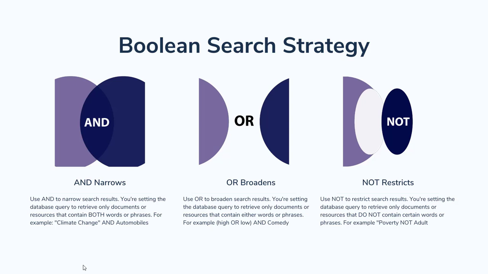OR broadens search results by setting the database to retrieve sources that contain either word or phrase, like high or low comedy. NOT restricts search results by setting the database to retrieve sources that do not contain specific words or phrases, like child poverty, not adult.